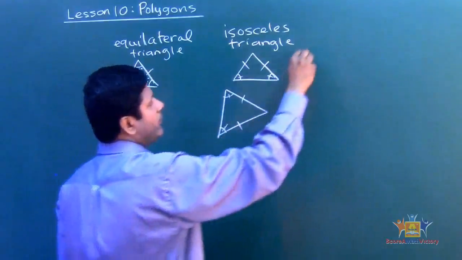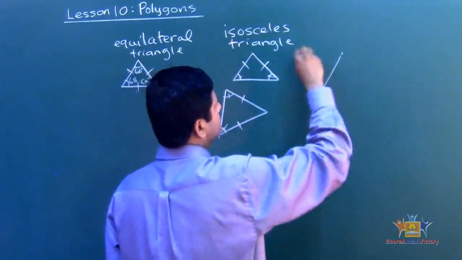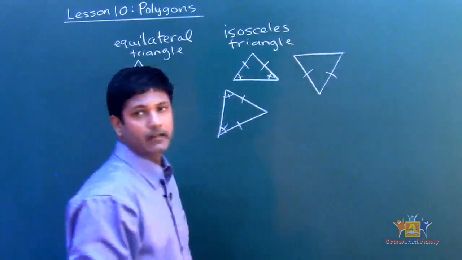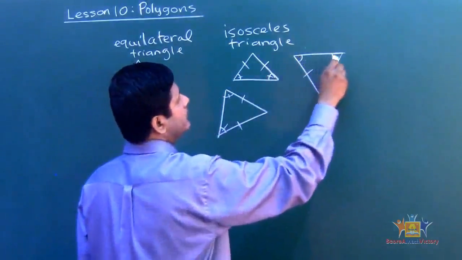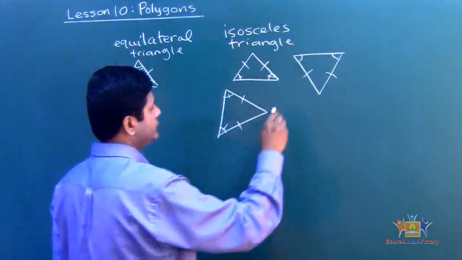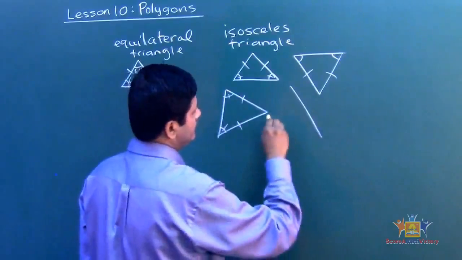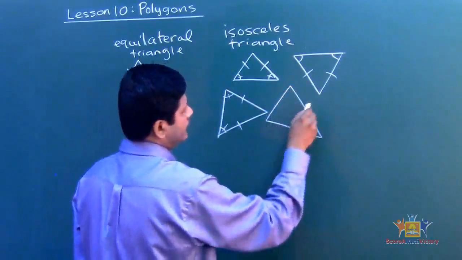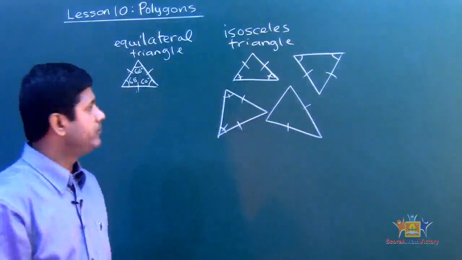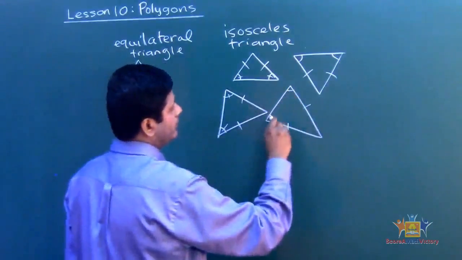Keep in mind. Let's draw another one. Where would the angles be the same? Right here. Let's do another one. I told you these two sides are the same. Where would the angles be the same? Right here.